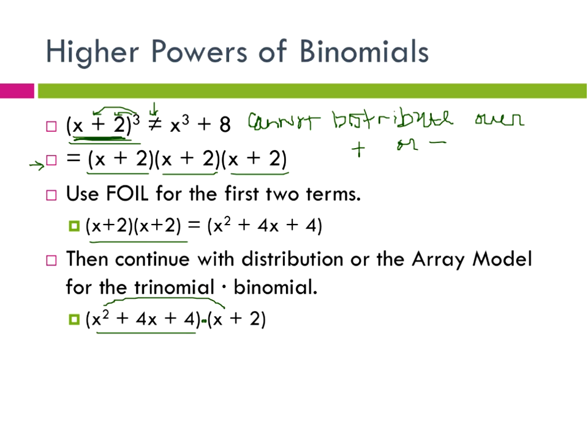And a lot of people like to use all the distribution to do x cubed plus 2x squared. They'd continue on to do 4x times x, 4x times 2.